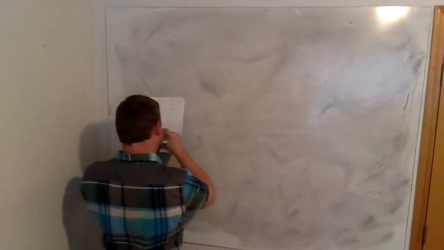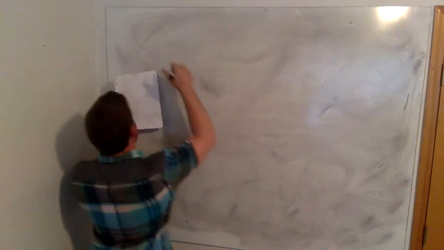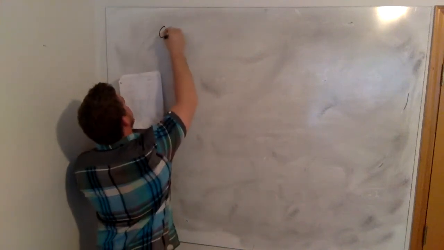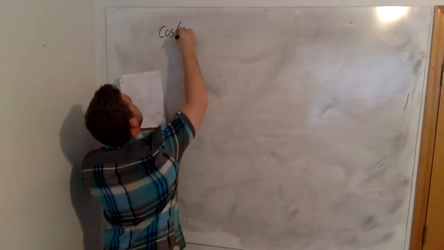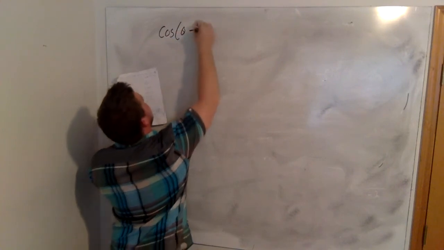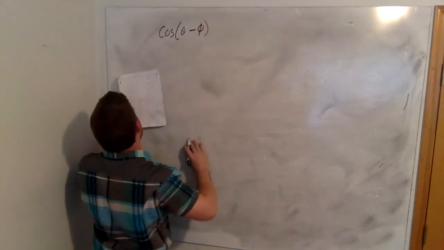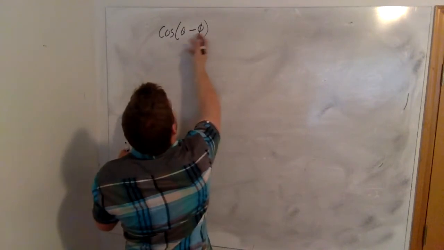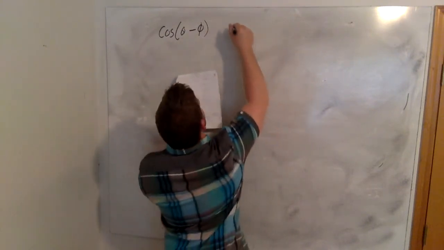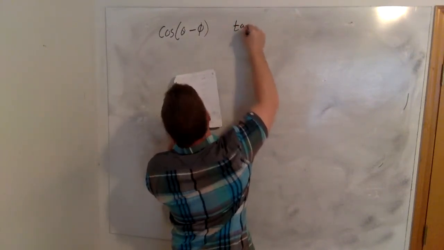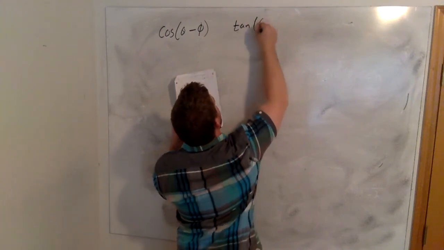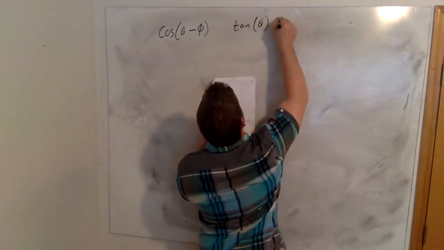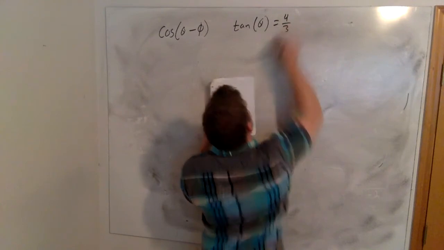Let's say we want to know what the cosine of theta minus phi is. But we know a little bit of information about theta and phi. In this case, let's say that the tangent of theta is 4/3.